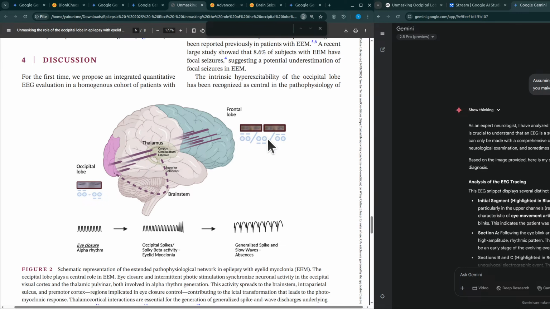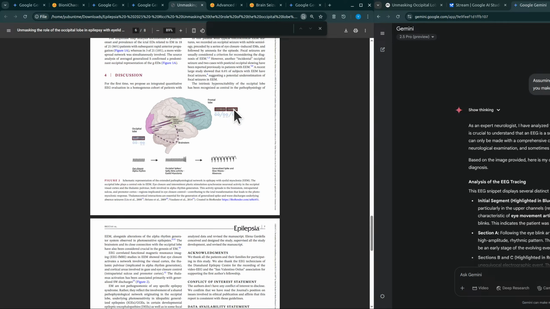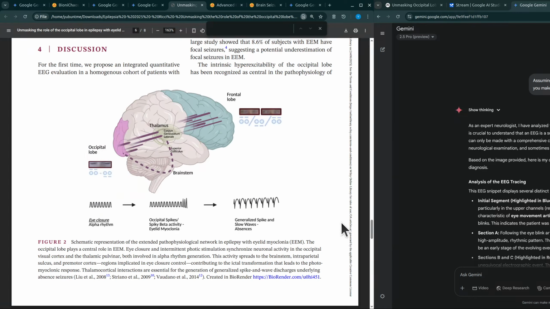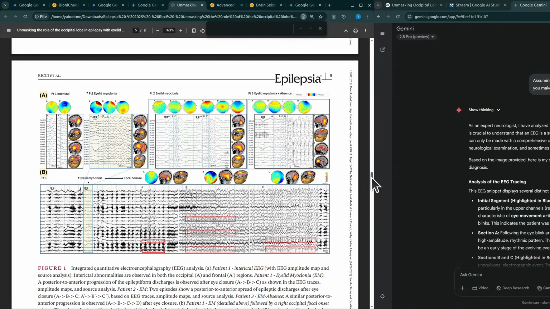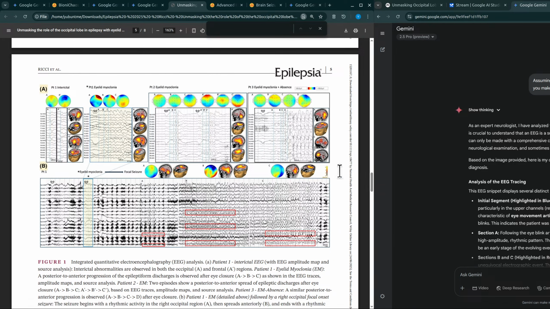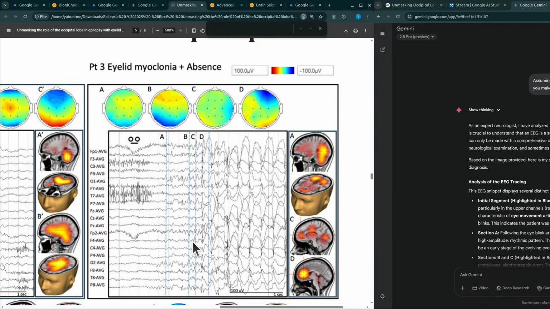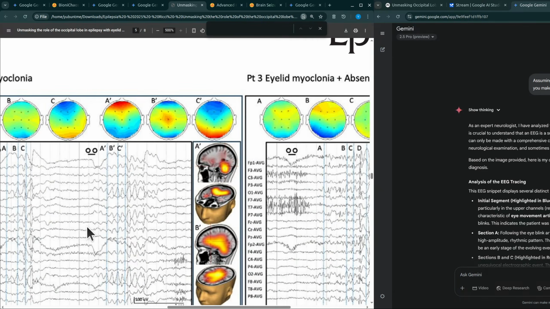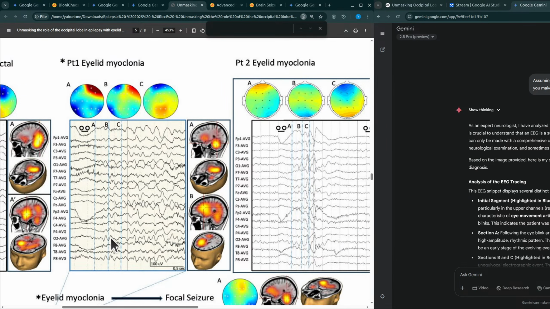Yeah. Very directly. And the authors didn't just rely on looking at the EEG traces visually. They also used quantitative EEG analysis, QEEG. This uses computer methods to analyze the brainwave data more objectively. Okay, the computational stuff. Things like spectral analysis to look at the power of different brain rhythms, amplitude mapping to see where the activity is strongest on the scalp, and source analysis, which uses algorithms to estimate where the activity is likely coming from, deeper inside the brain. And did that back up what they saw visually?